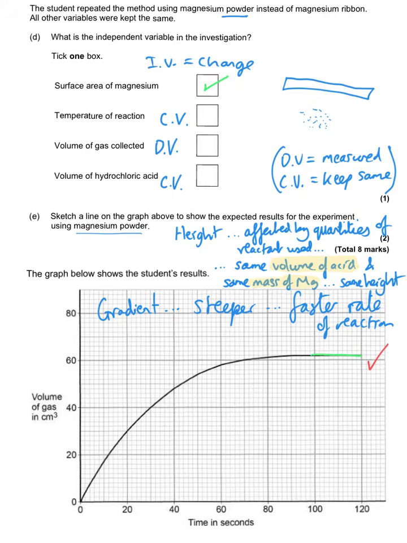And so there's no actual precise gradient that we need. It just needs to be steeper than the original line, as I've shown there. And obviously it needs to be connected in the two, but what they will specifically be looking for is how steep that line is and how high it goes at the end. And then it just needs to be connected between the 2 points.